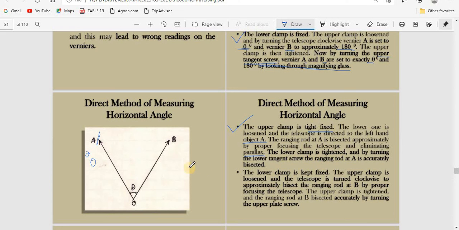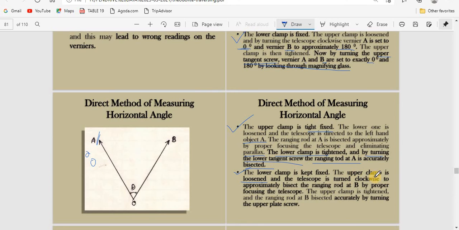Then after bisecting, when you have to take the angle AOB, you release your upper clamping screw. Then the lower clamp is tightened, and by turning the lower tangent screw, the ranging rod is bisected accurately. Then the lower clamp is fixed and the upper clamp is loosened.